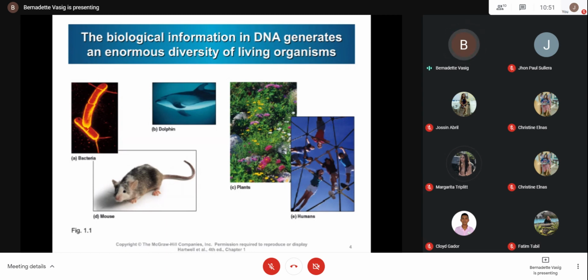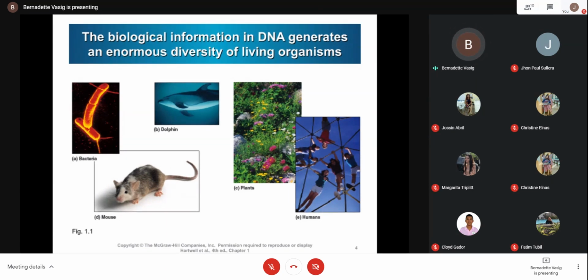Yes. All organisms use the same genetic codes. That's A, T, C, G. And in terms of the molecular structure of the DNA, all organisms use the same DNA structure. The only difference is that we have different genetic or DNA sequences. We differ in terms of the sequence, and at the same time in terms of gene expression.